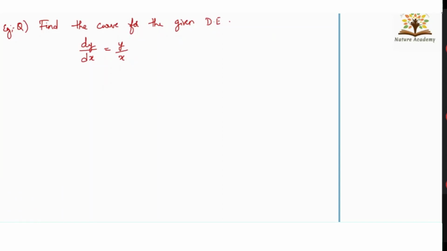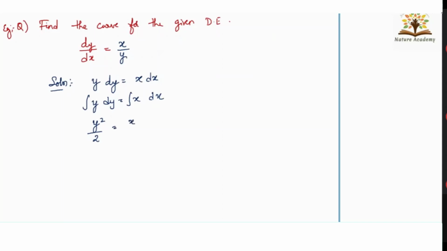So directly you can do the variable separable method. Actually, we have x by y, so that sum is also there, but I want to give you this one. So y dy = x dx. Then integrate: integral of y dy equals integral of x dx. Then this will be y squared by 2.